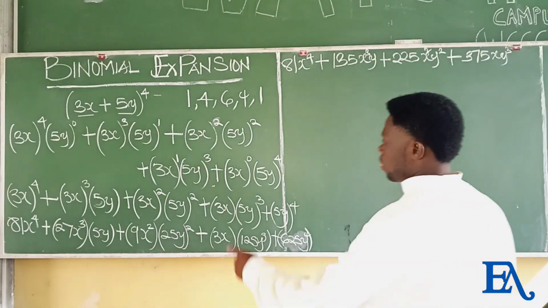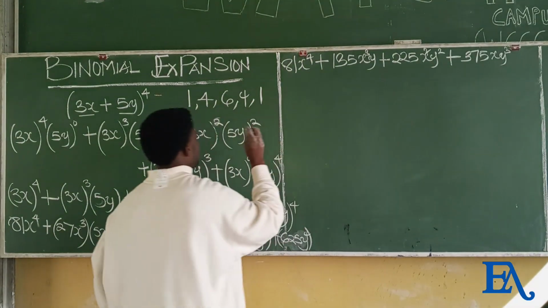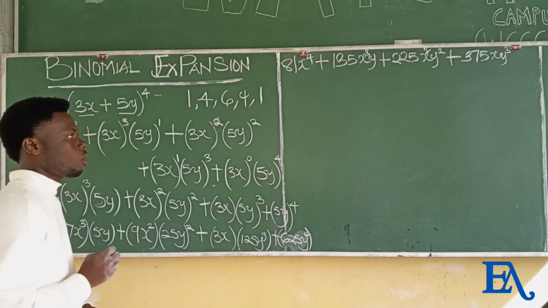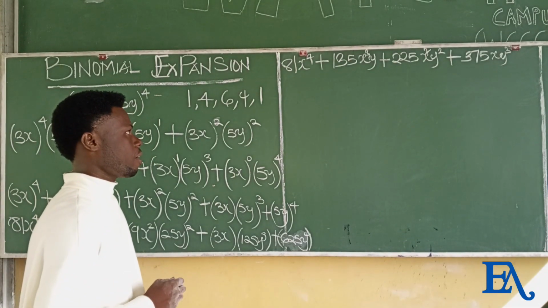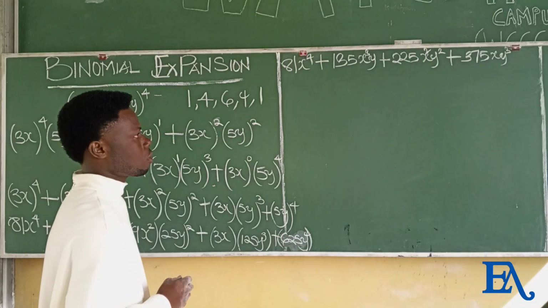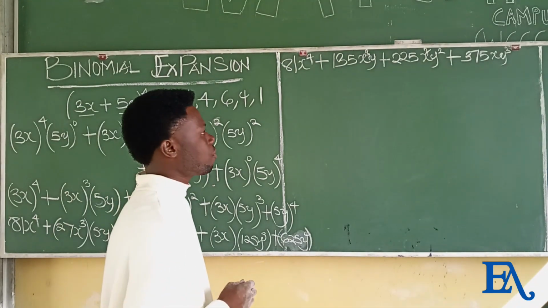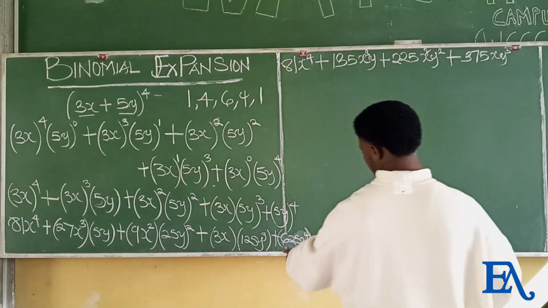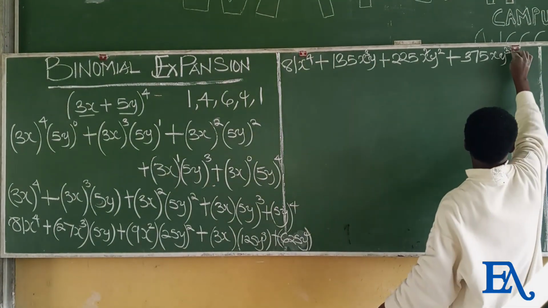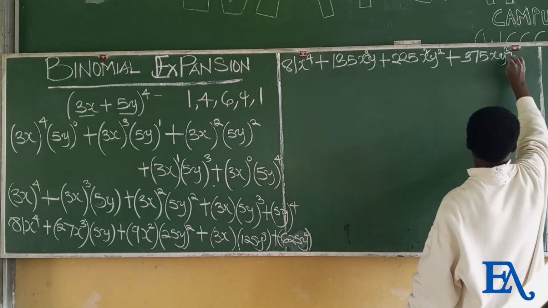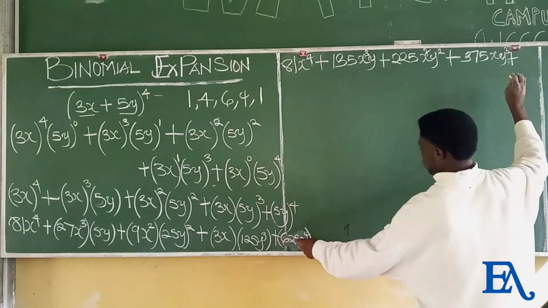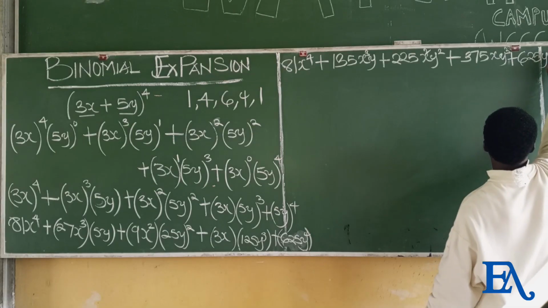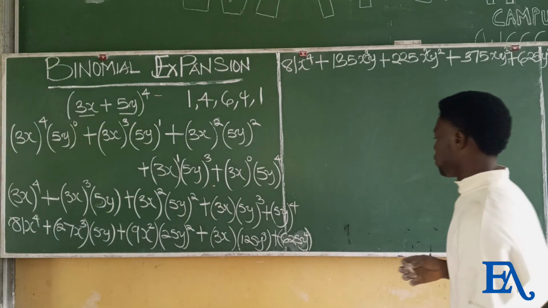Alright, we have 81x raised to the power of 4 plus 135x cubed y plus 225x squared y squared plus 375xy raised to the power of 3, then plus 625y raised to the power of 4.